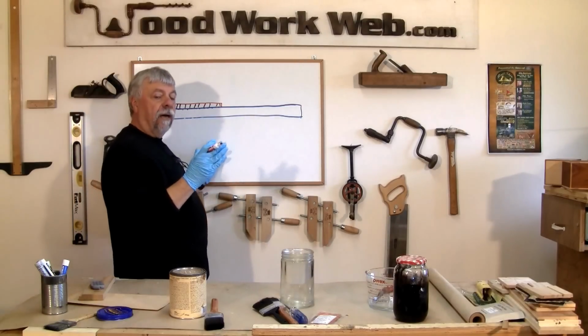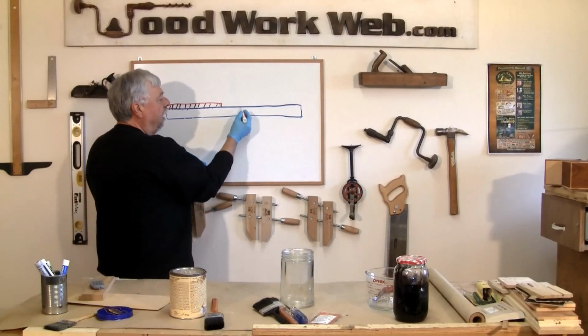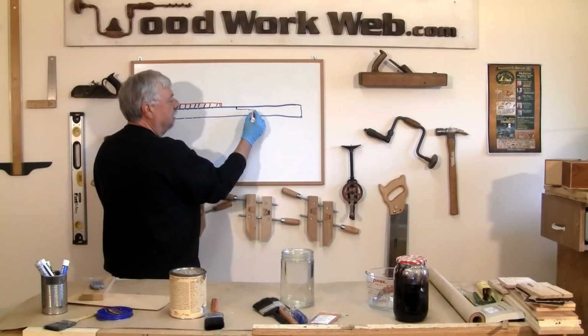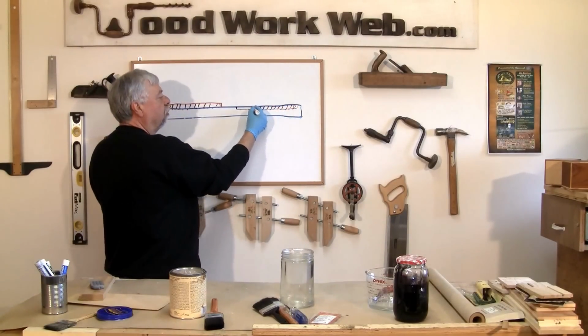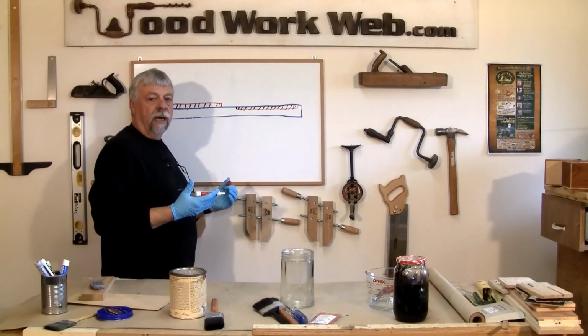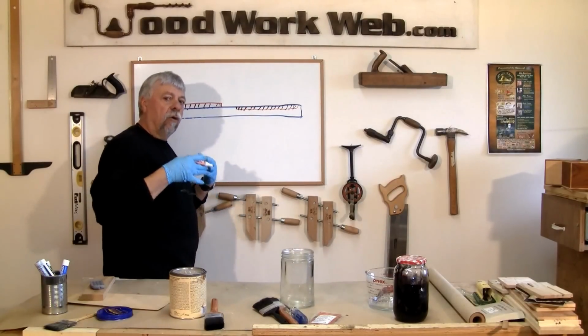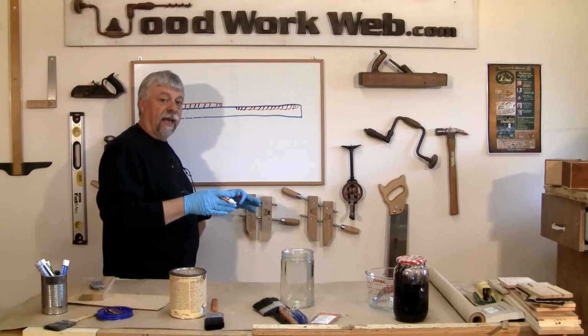A dye, on the other hand, because it's a water-soluble material, it actually comes right in, it loads right into the wood, so that if you dye a wood, it actually goes deeper, and it's very difficult to sand that out.